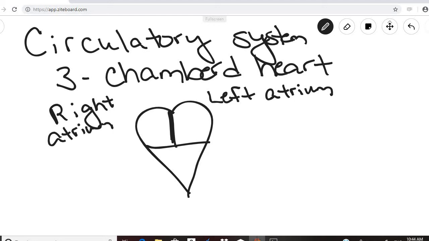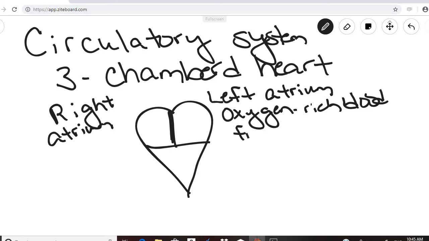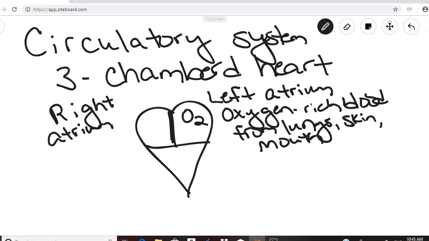And what the left atrium does is the left atrium has oxygen-rich blood. So the left atrium has received oxygen-rich blood from the lungs, from the skin, from the mouth. We'll talk about those in just a moment. So this is blood that has a lot of oxygen in it.